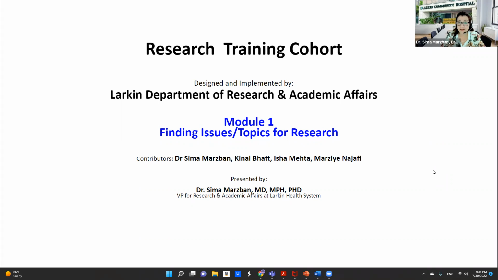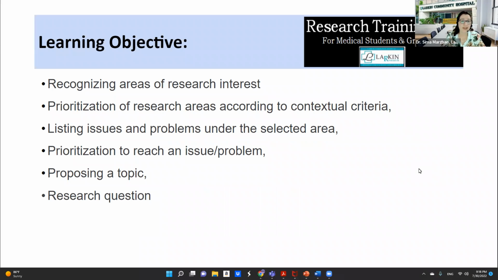So let us discuss in the first module how to find areas of research interest, prioritization of research areas according to contextual criteria, listing issues and problems under the selected area.